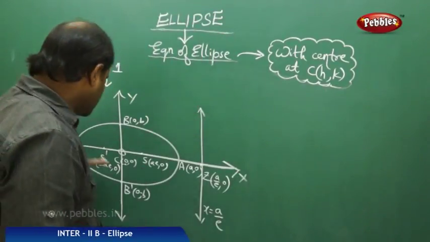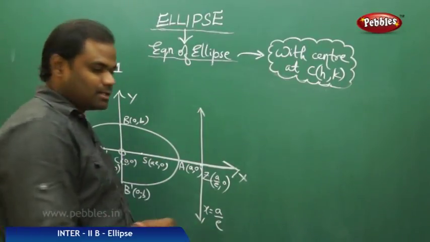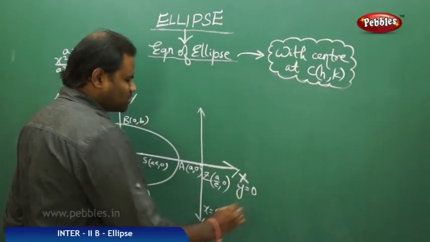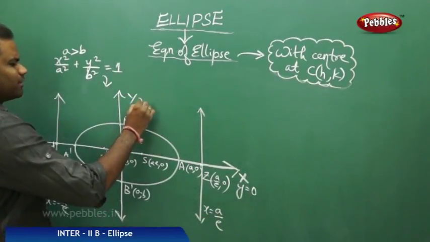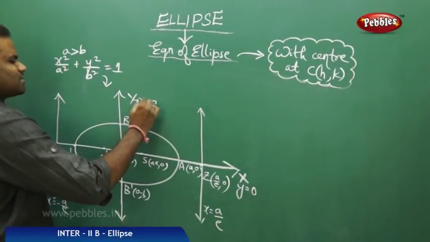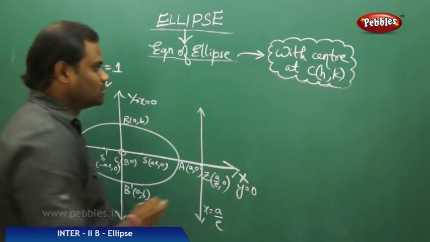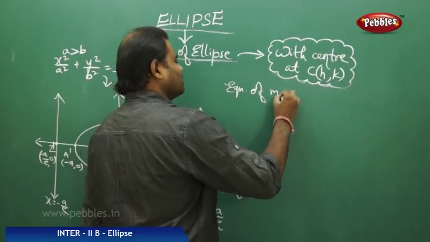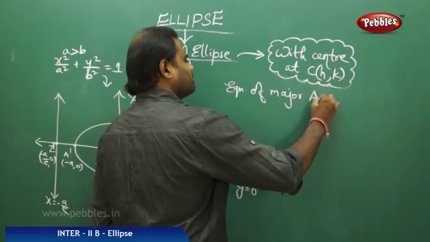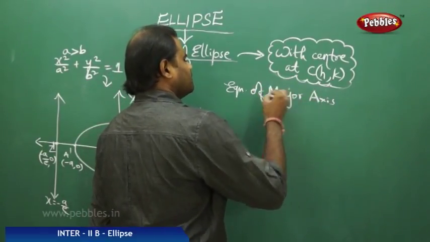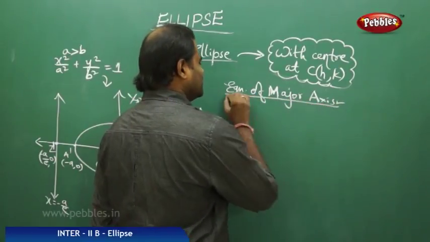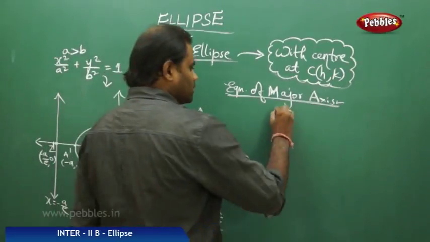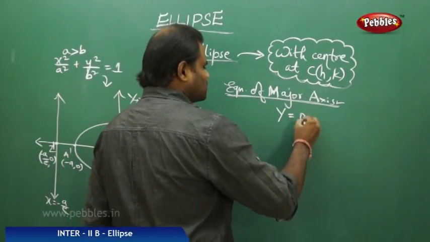Similarly, if I want to find the equation of the major axis: in the case of the standard form, the equation of the major axis is y equal to 0 and the equation of the minor axis is x equal to 0. So in order to obtain the equation of the major axis, I clearly see this to be along the x-axis where y is 0, therefore capital Y equal to 0.